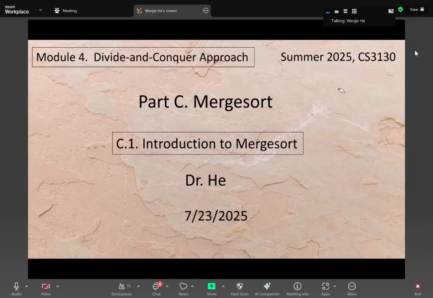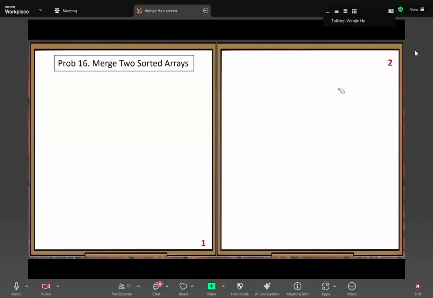So let me go to the problem part. Problem number 16, merge two sorted arrays. Let us look at a simple, basic problem. Before we work on the sort part, let's work on a simple operation first. Just like when we do the insertion sort, we work on the insertion operation first.